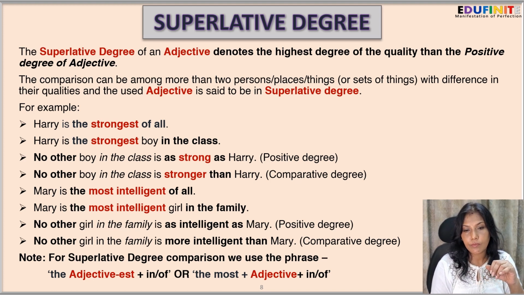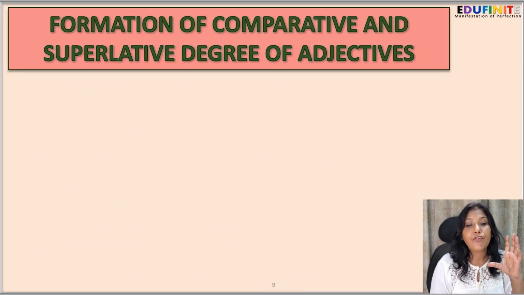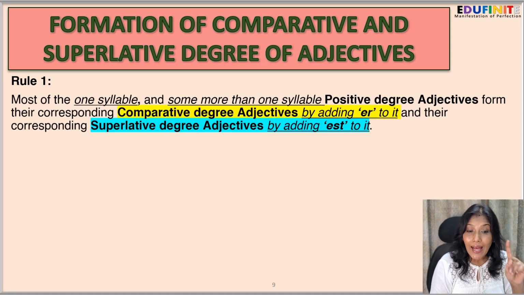Now let's check the formation of comparative and superlative degrees of adjectives. How are they formed? Rule 1. Most of one syllable and some of more than one syllable positive degree adjectives form their corresponding comparative degree adjective by adding er to it.